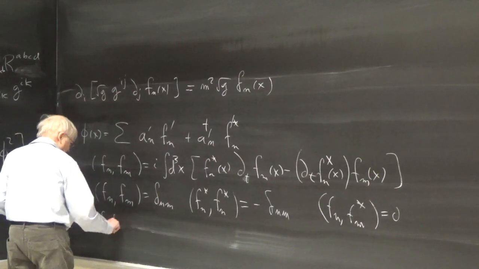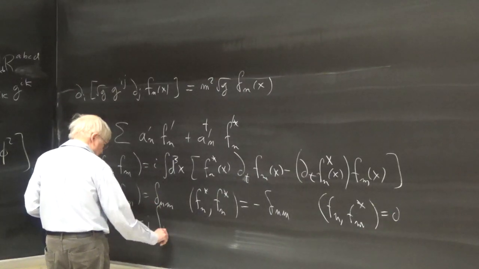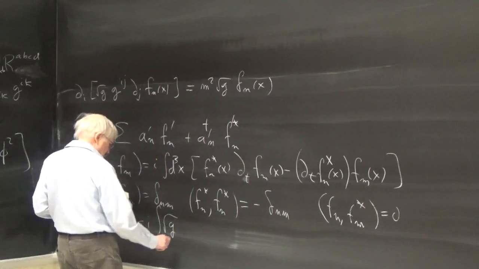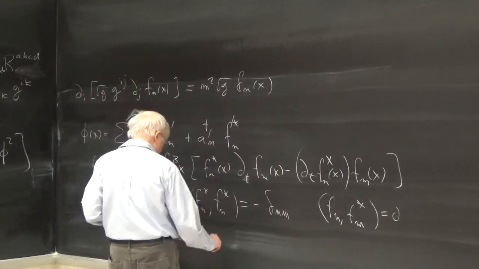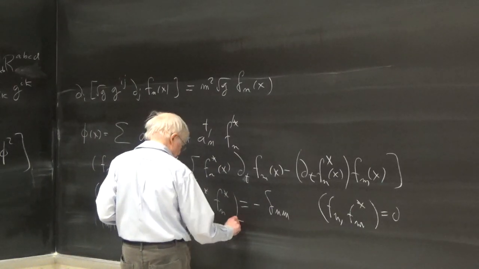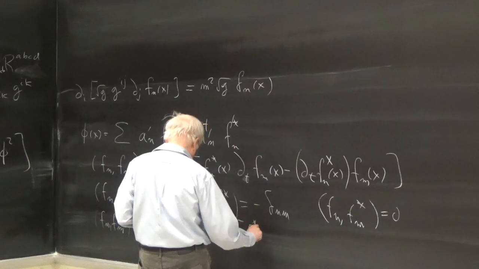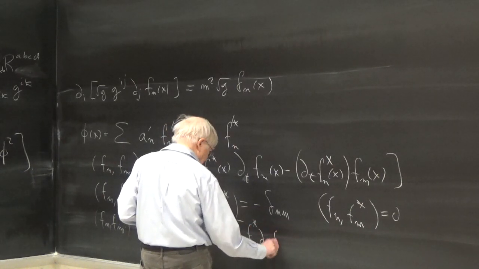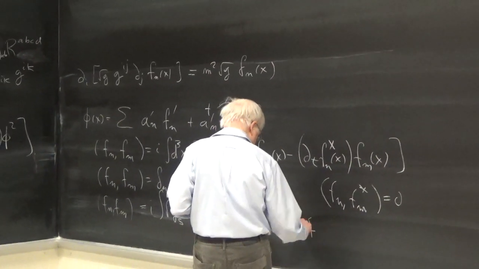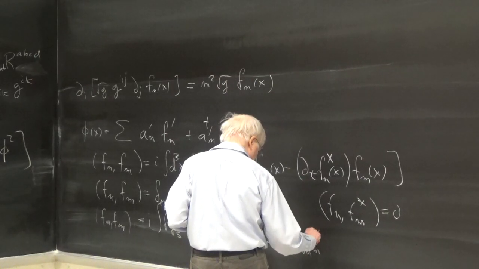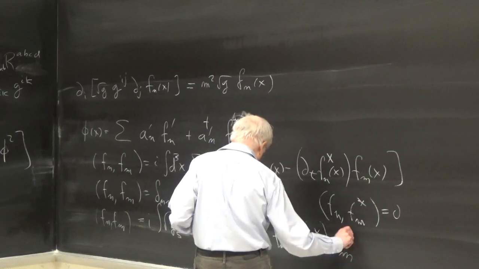is (F_n, F_m), and it is i integral square root of G on the surface d cubed S, some normal vector, and then F_n star d_A F_m minus d_A F_n star F_m.